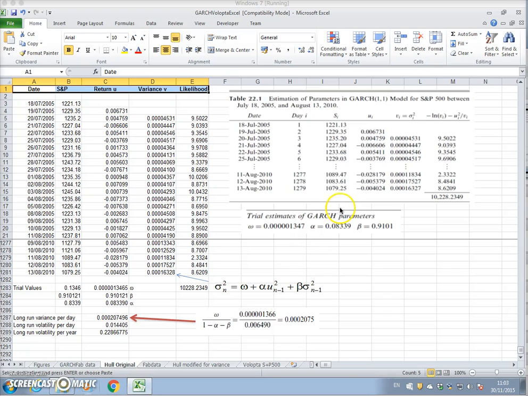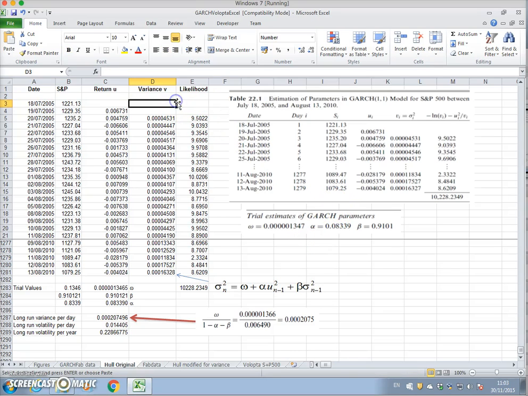In this video I'm going to recap just a little bit on the GARCH estimation in Excel as suggested by Hull. This technique is available from his website and from his book, and the GARCH estimation that Hull performed used S&P 500 data going from 2005 to 2010.